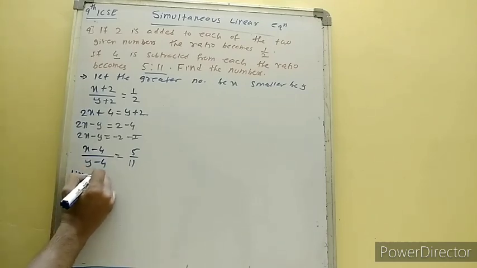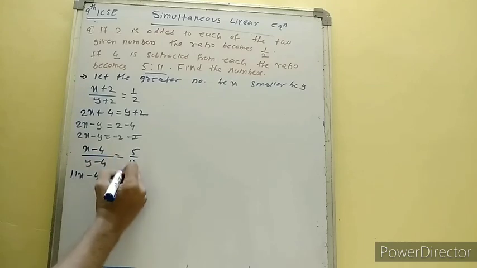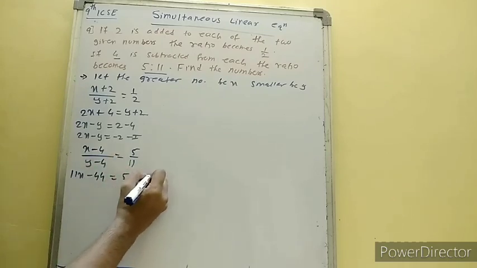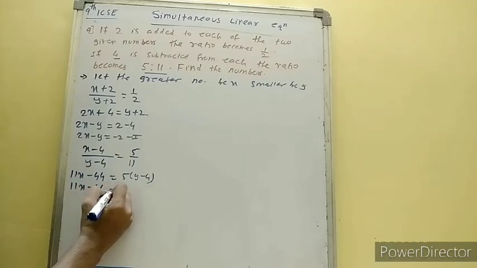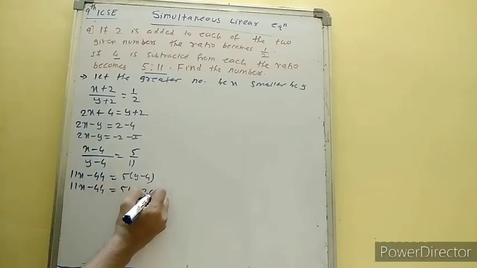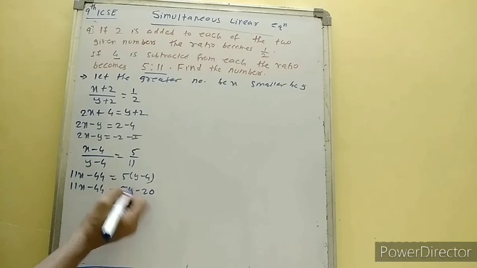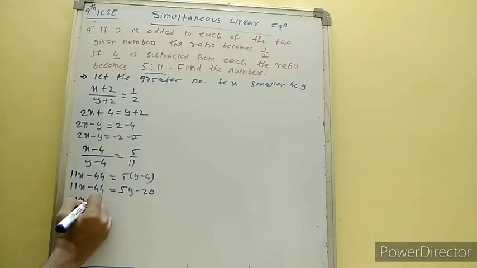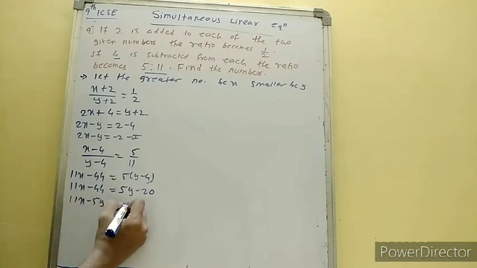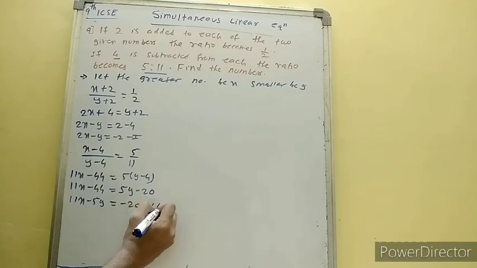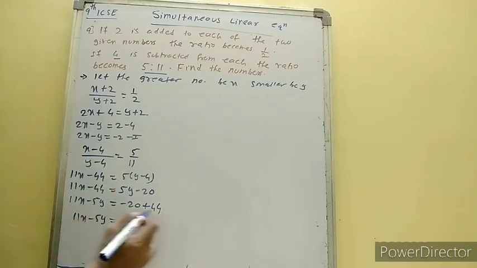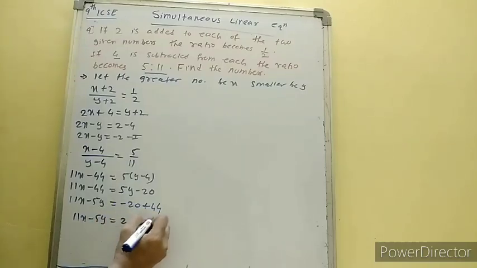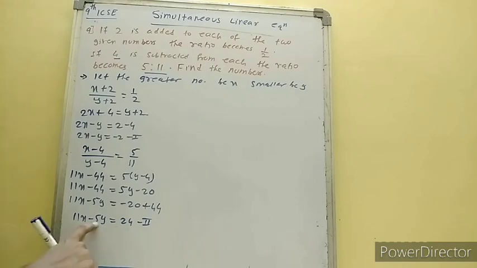We have 11x minus 44 is equal to 5 multiplied by (y minus 4), so 11x minus 44 is equal to 5y minus 20. 5y will come this side, so 11x minus 5y is equal to minus 20 plus 44, which is 24. Equation number 2.